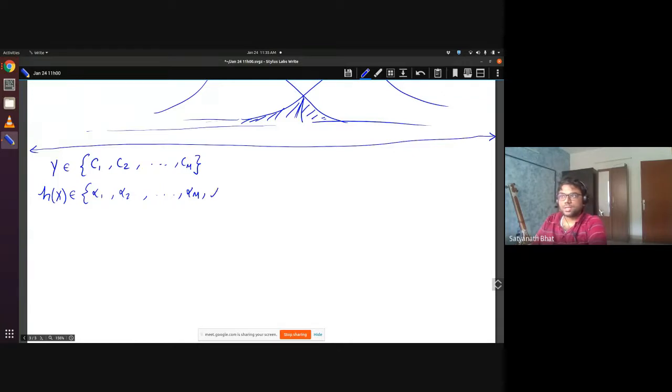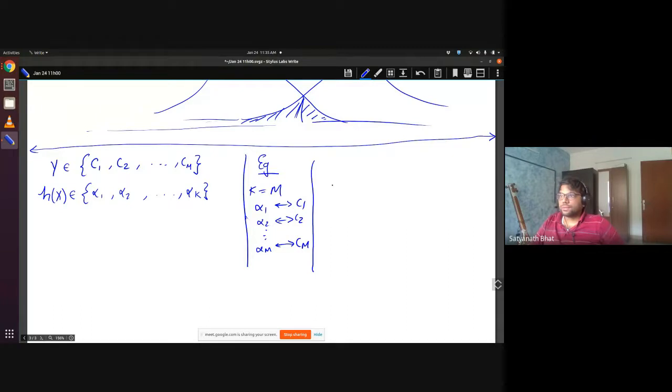What is that more? Instead of m, I can have some k. So what is the point of having k not equal to m? Examples of this case: first, k is equal to m, and alpha 1 corresponds to c1, alpha 2 corresponds to c2, all the way till alpha m corresponds to cm. This is your usual classifier.